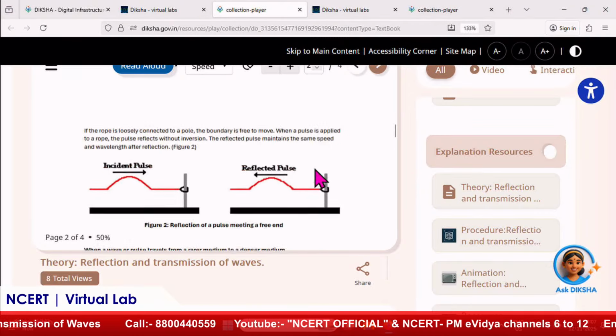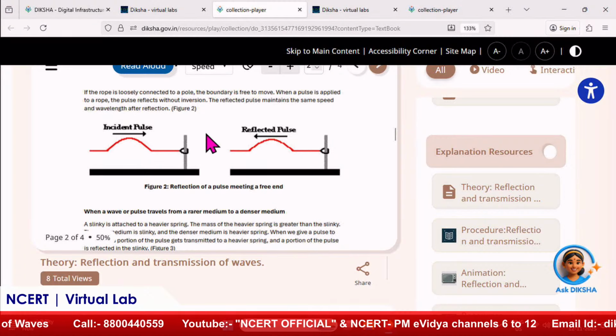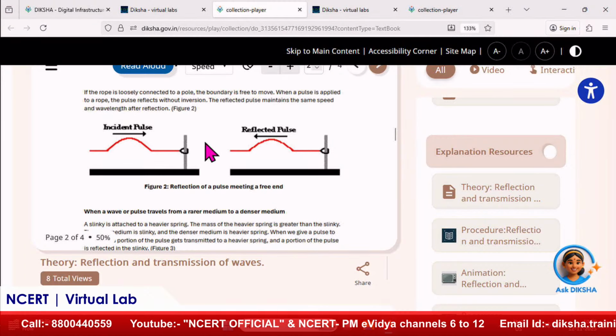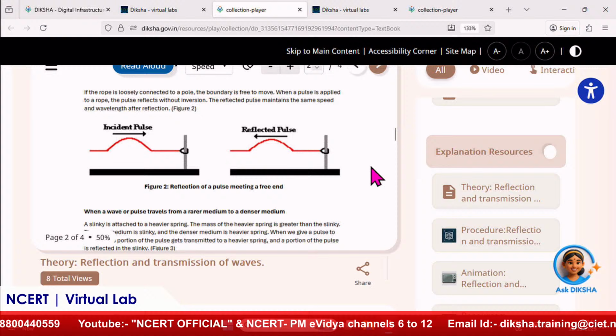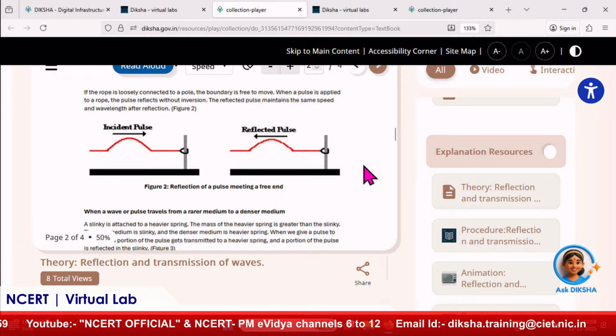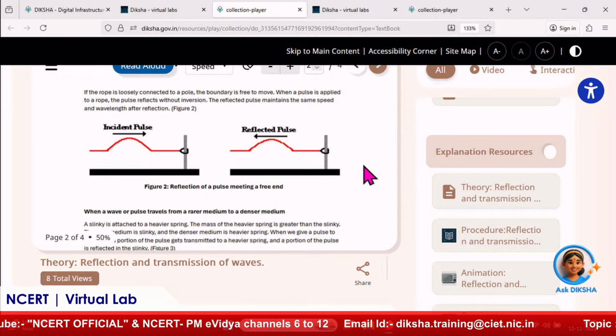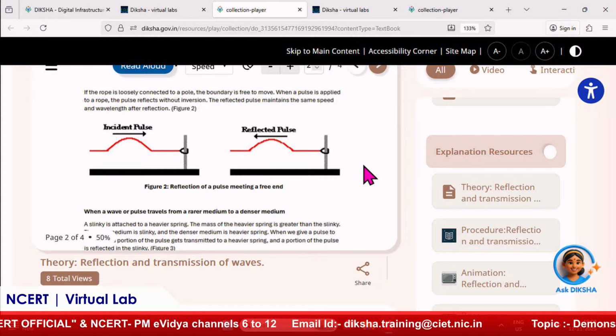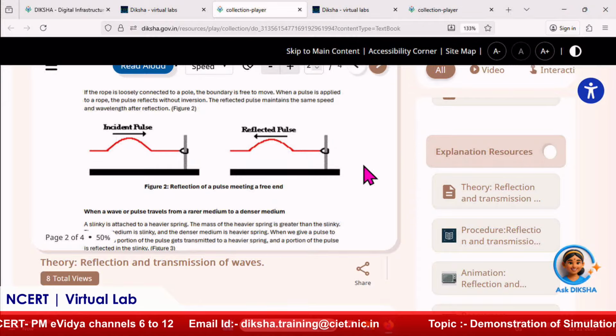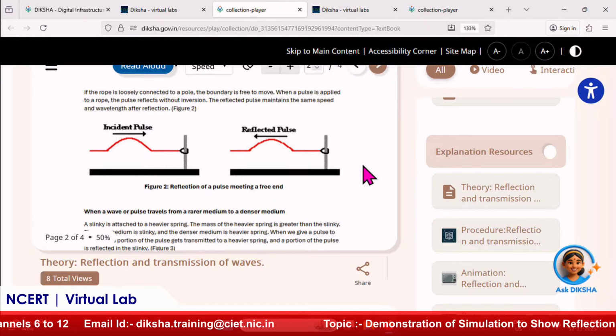Similarly, we will study what will happen when the wave interacts with open boundaries. We can understand this in this case: suppose two strings or two wires are there, one of a different medium, another made up of a simple rope. Two different kinds of ropes are there, one thin rope, one big rope.